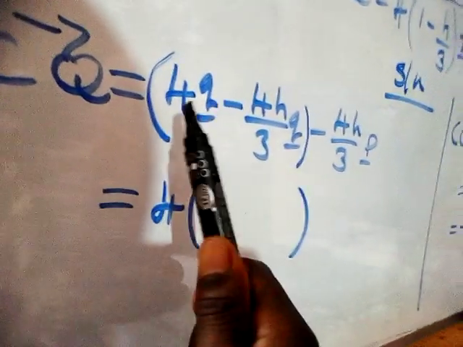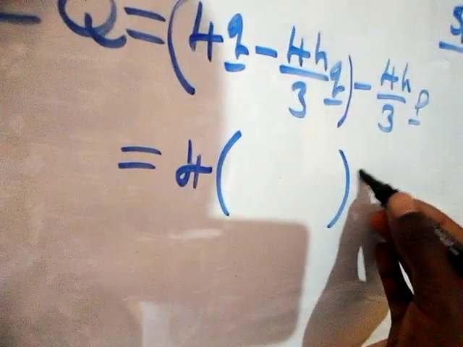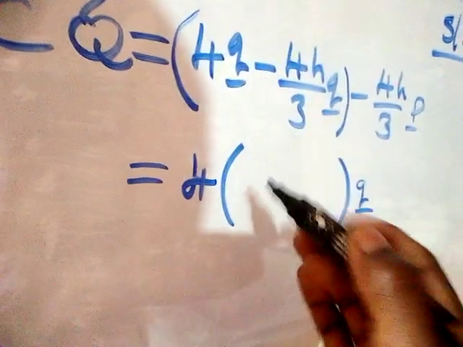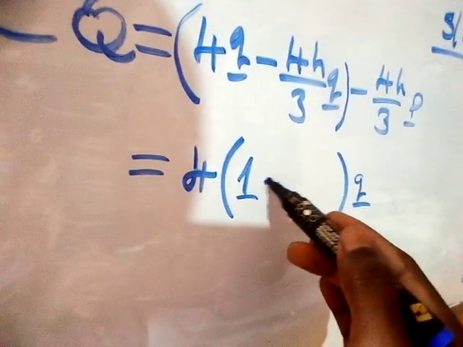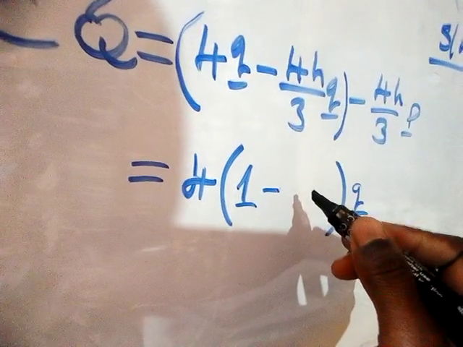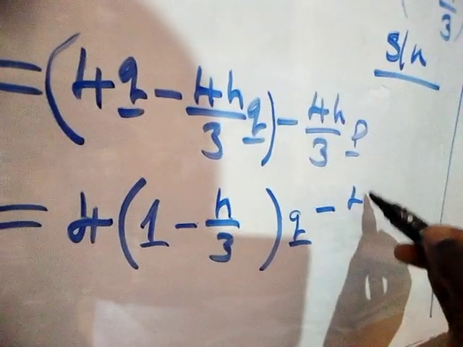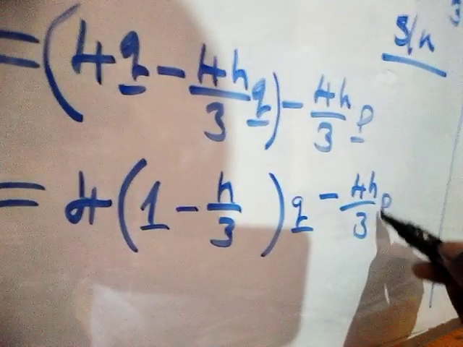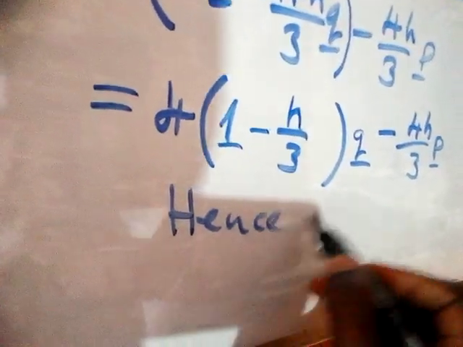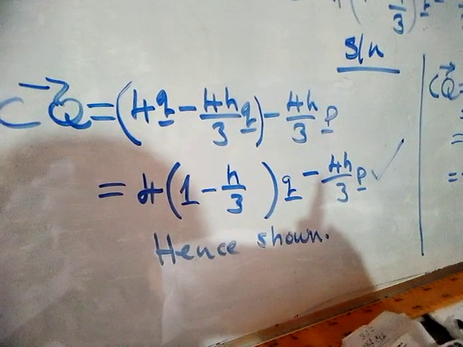Remember what you're taking out: 4 and Q, but 4 is written first, and Q as the vector is written at the end. When you divide 4Q by 4Q, it is just 1, minus 4Q divided by 4Q, where the 4 and Q cancel out, and we simply have h over 3. Then you bring down the minus 4h over 3 vector P. Once this is done, you can say hence shown. And this is the solution.